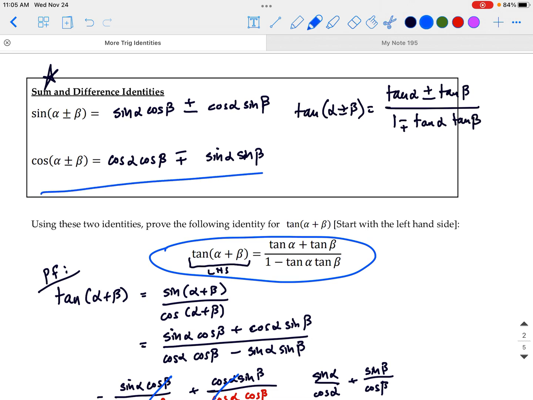So these are really the three sum and difference identities from which all other identities that we use, that aren't the Pythagorean identity, are going to derive. So again, crucial identities to know.